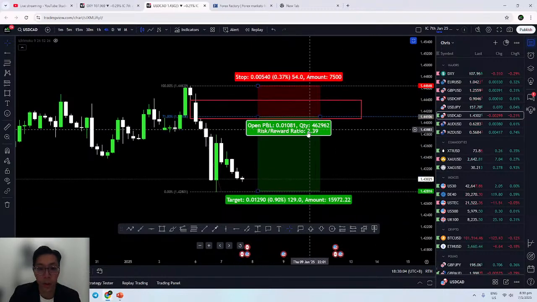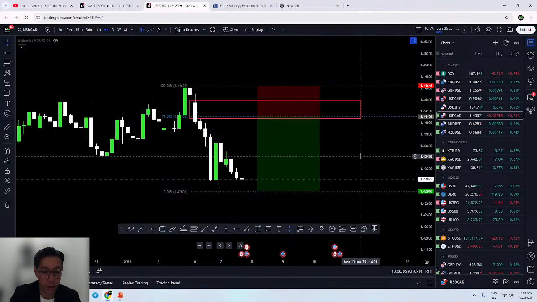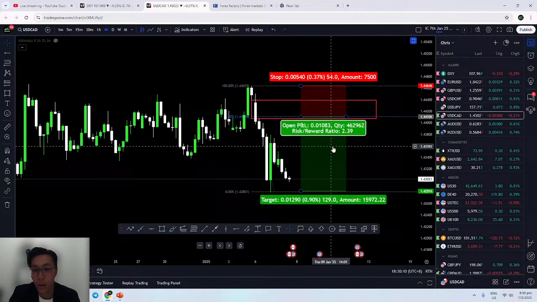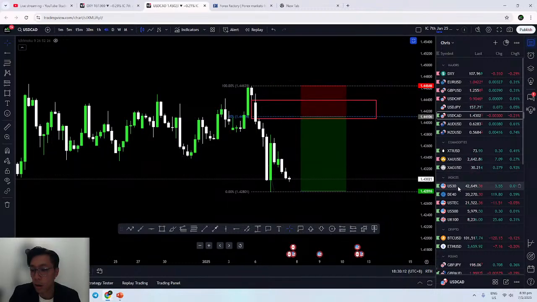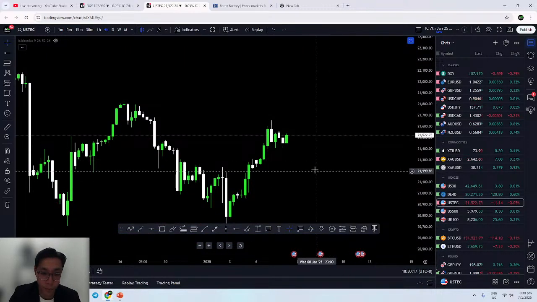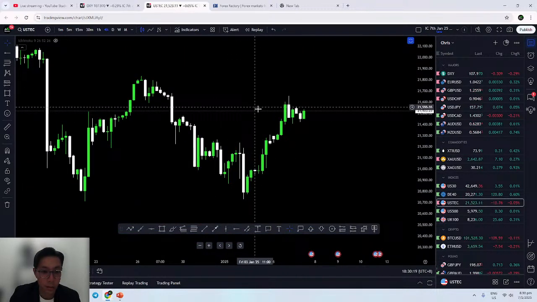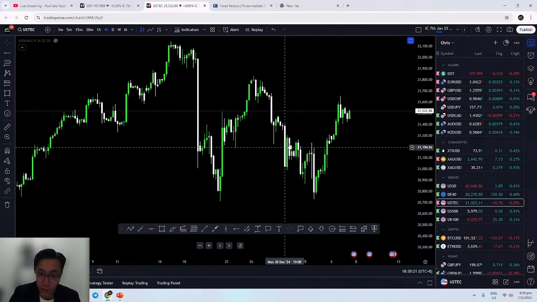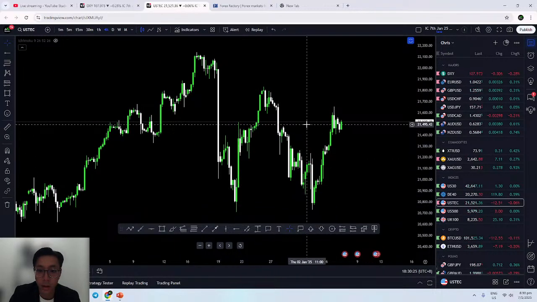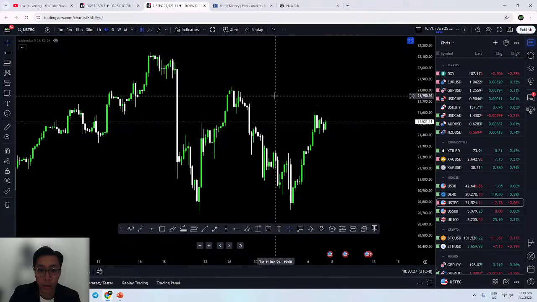This is something that I'm looking at as well. 54 pips, target 129. That's okay. Probably finish in 1.5 days. US tech is fun. US tech missed my level, so not going to enter there. Didn't close here. Break.